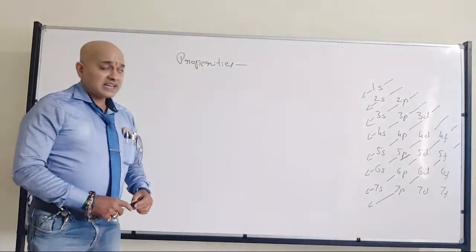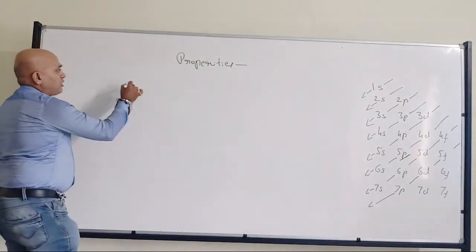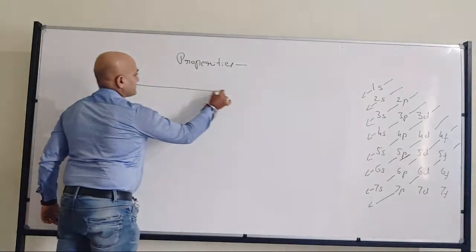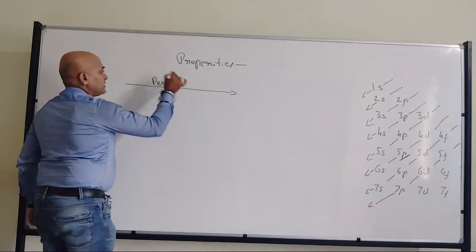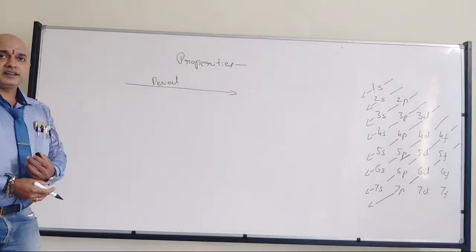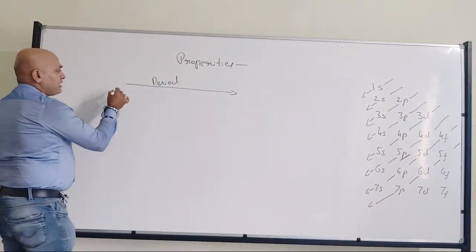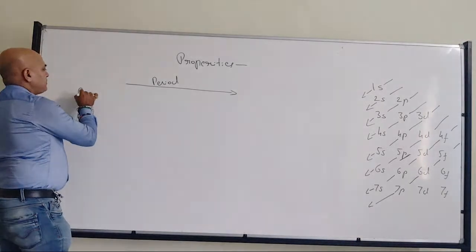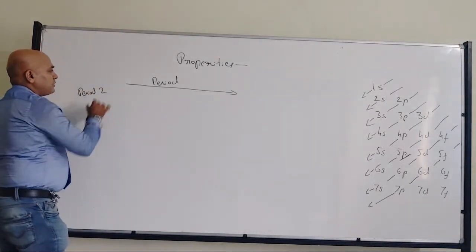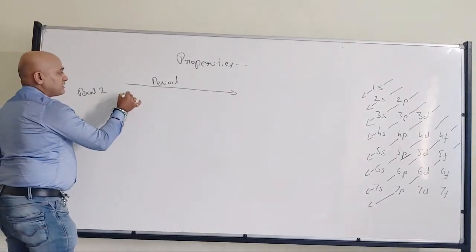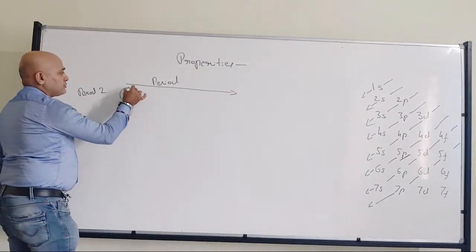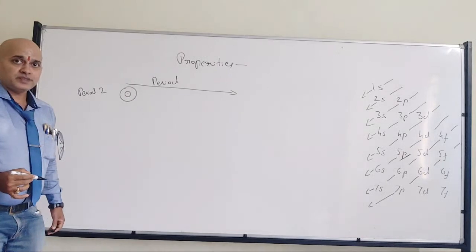Fine? So next one here is, when I am talking about the period. For example, when I am talking about period number 2, there will be outermost energy level as 2.